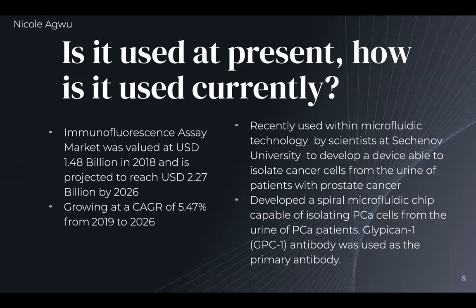Recently, it was used with microfluidic technology by scientists at Sechenov University to develop a device able to isolate cancer cells from the urine of patients with prostate cancer. Basically, they developed a spiral microfluidic chip capable of isolating PCa cells from the urine of prostate cancer patients. They used a direct immunofluorescence assay, and the primary antibody they used was glypican 1.